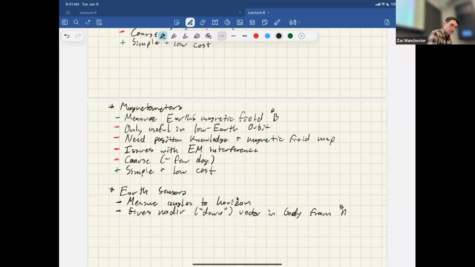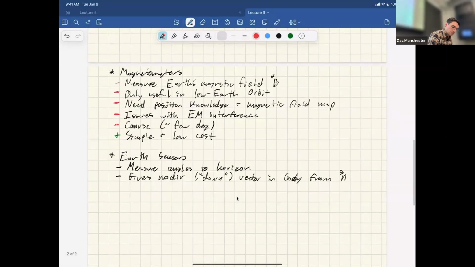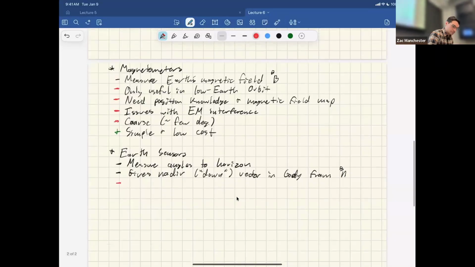Okay, so let's see, things about this. These only work in low Earth orbit, once again, because you're depending on the Earth. These are moderate accuracy.